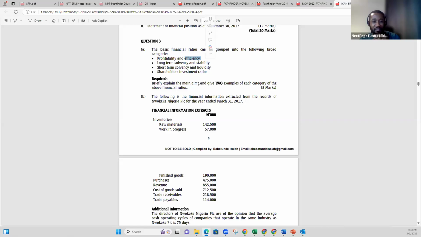Great. Examples. Examples of financial performance, we have ROCE, gross profit margin. Then efficiency, just give us 2 under efficiency as well. Receivable turnover period, payable turnover period.